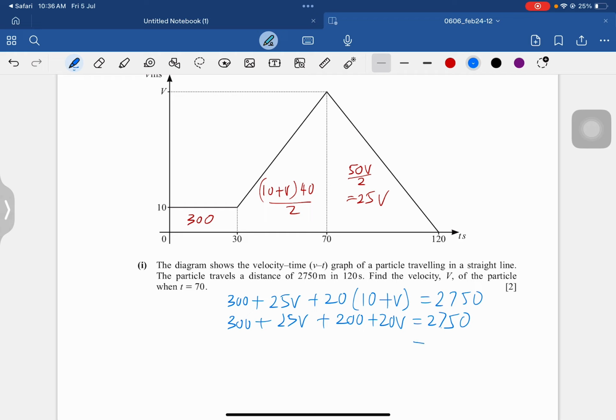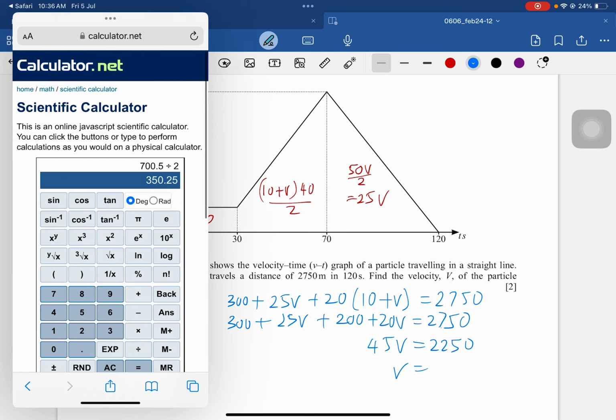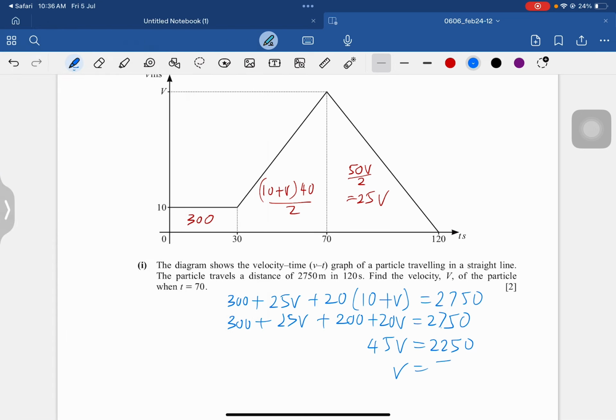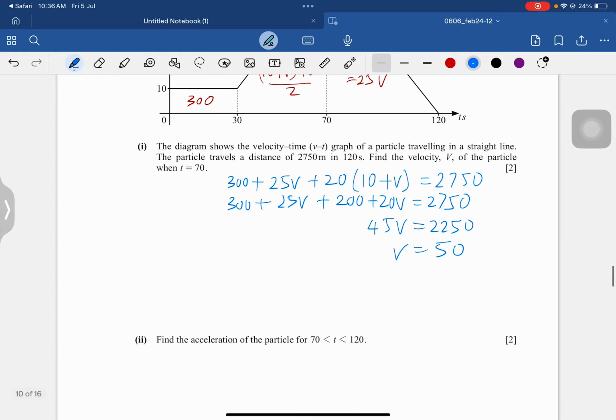Throw to the other side, will be 2250 equals to 45v. So your v going to be 2250 divided by 45, which is answer 50. Yep, that's how you do. It's a short question, I guess.